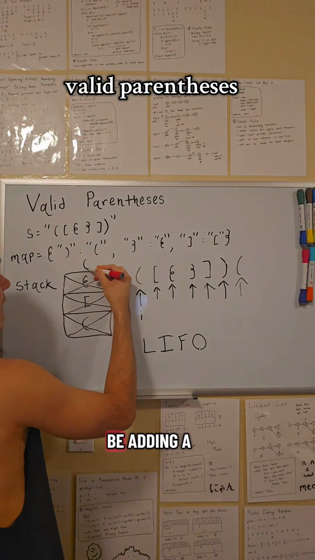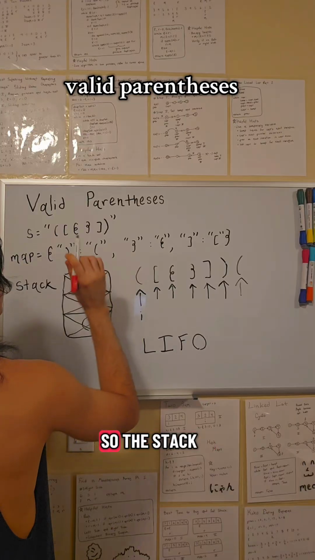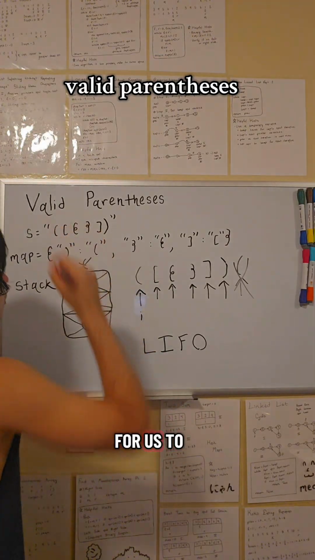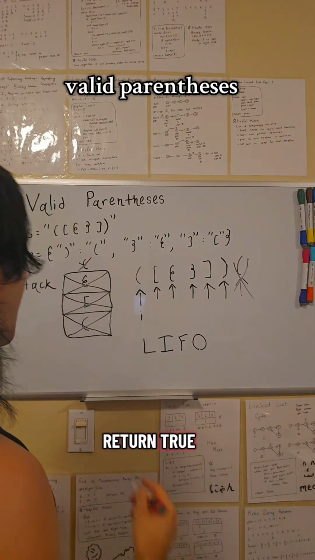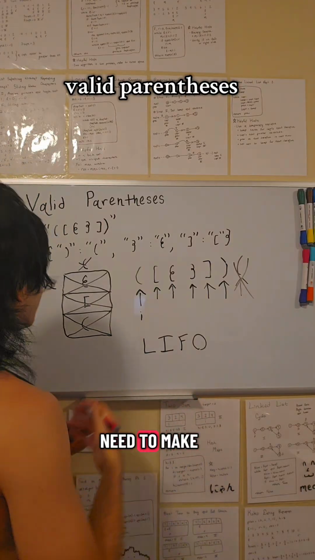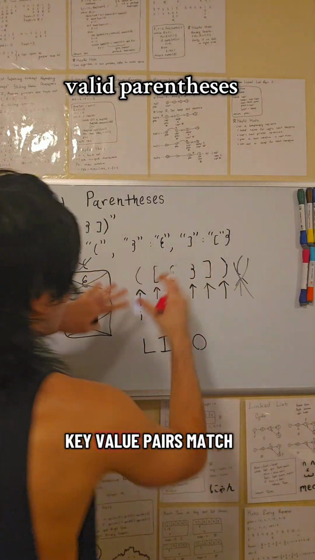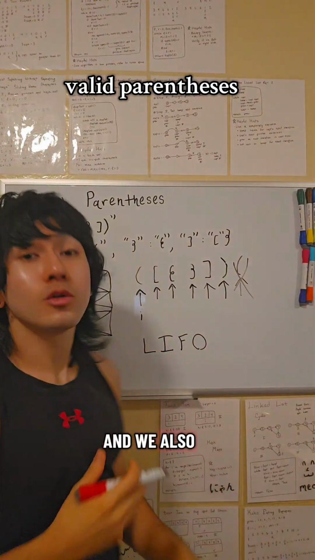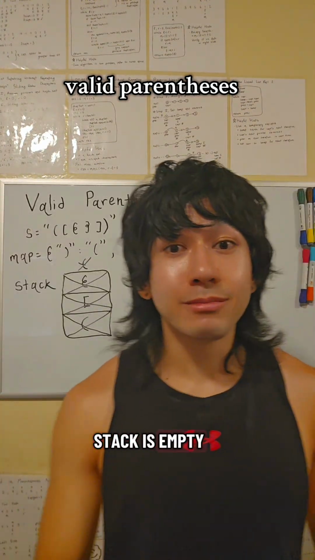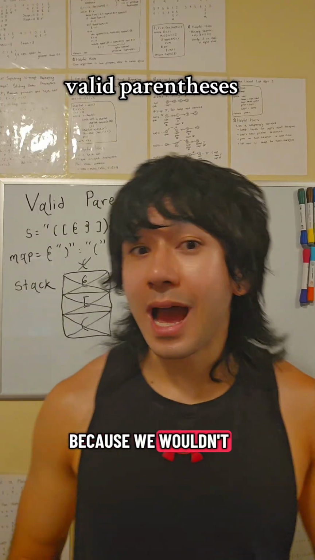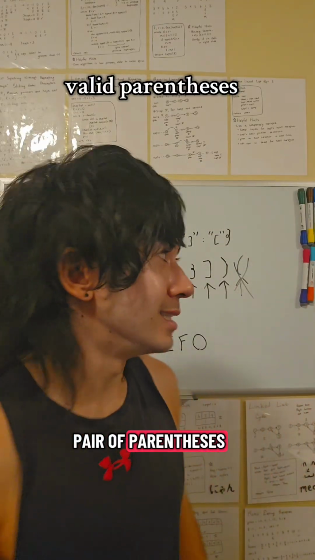So the stack needs to be empty in order for us to return true. That's the purpose of this algorithm: we need to make sure that the key value pairs match when we're iterating through the list, and we also want to make sure that the stack is empty by the time we finish iterating, because otherwise we wouldn't have a valid pair of parentheses.